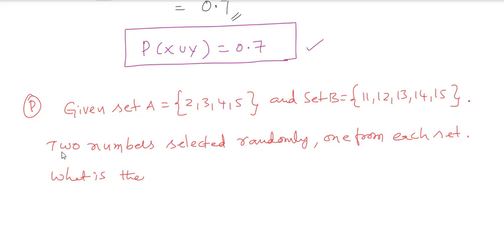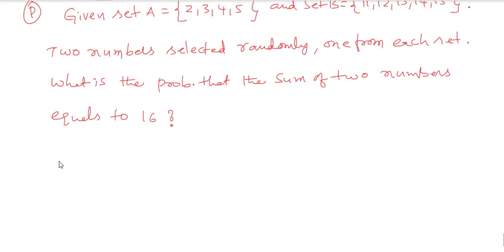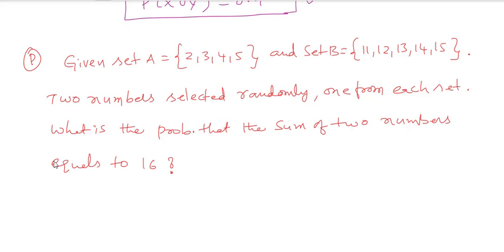What is the probability that the sum of the two numbers equals 16? Option A 0.2, B 0.25, C 0.3, D 0.33. This is the question.